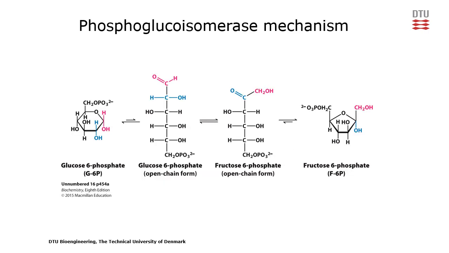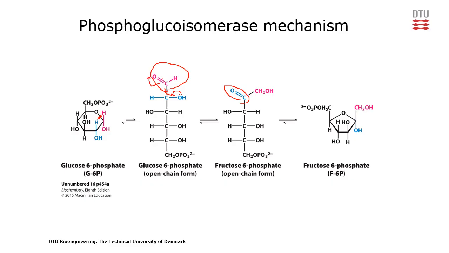Now the mechanism is seen here. Basically the molecule opens, as I showed in this position, to an open-chain form. The change between the aldehyde that you see here and the ketone group that you see over here is controlled by the lone pair you have here making a double bond, which then pushes the electrons through the whole system, and these two then go out here.